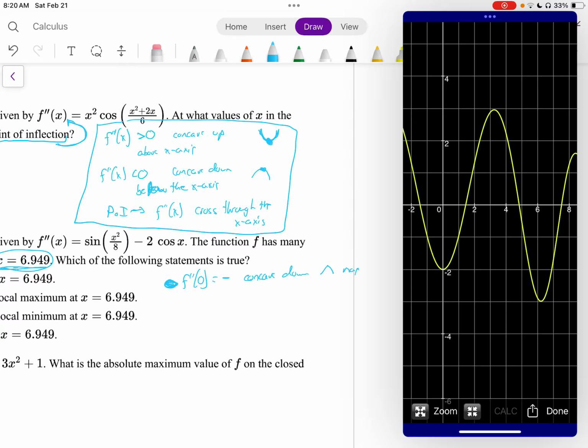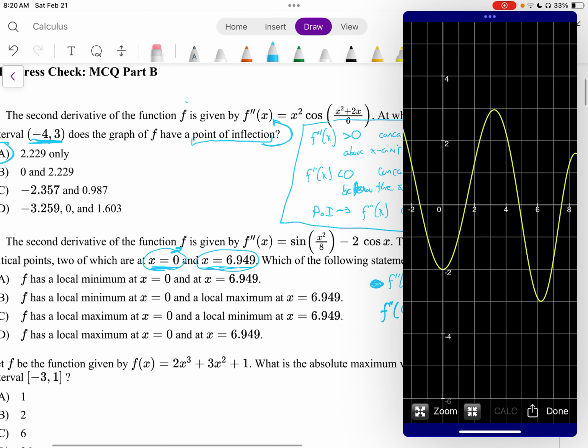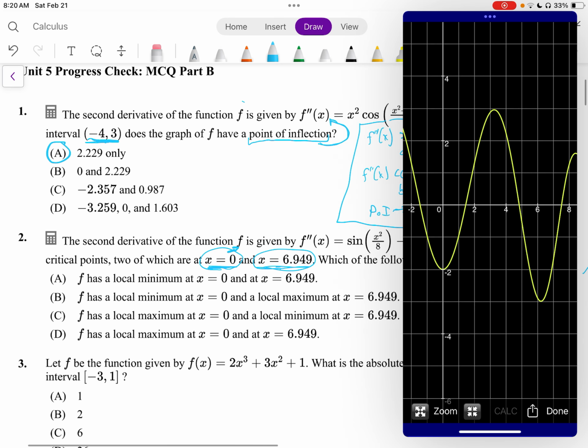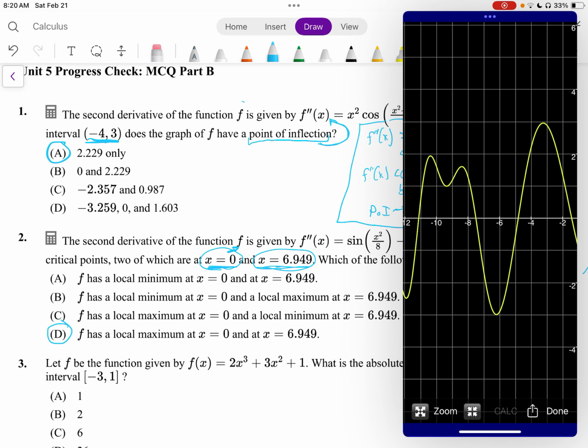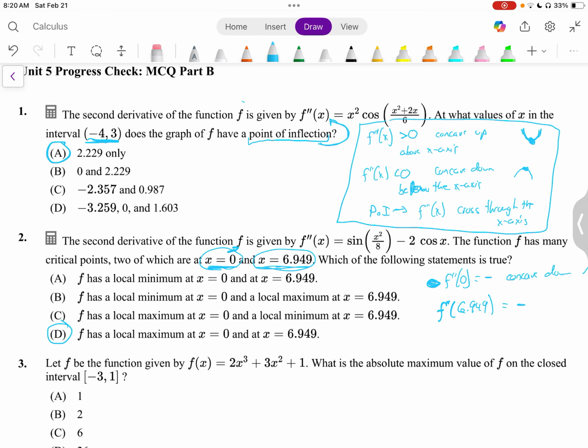It's also negative, so it's concave down. Sorry, I wrote that wrong. The second derivative at 6.949 is negative, so also concave down. So both of those are maximum points. So D.